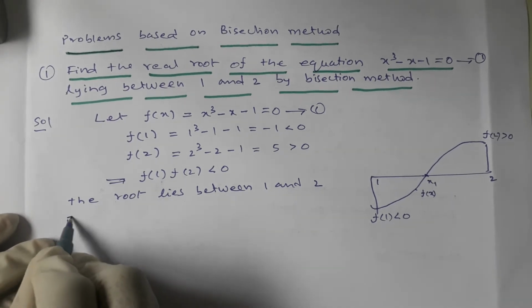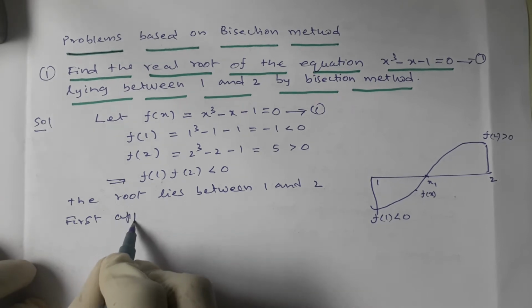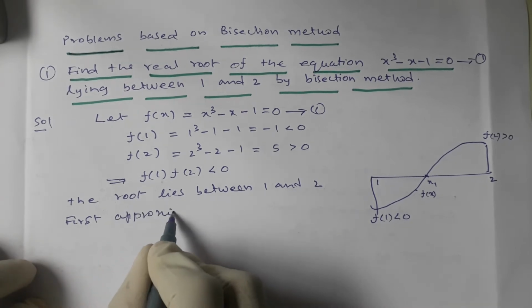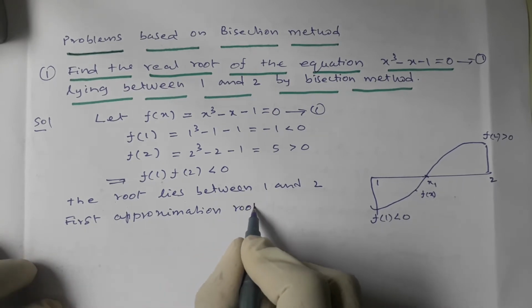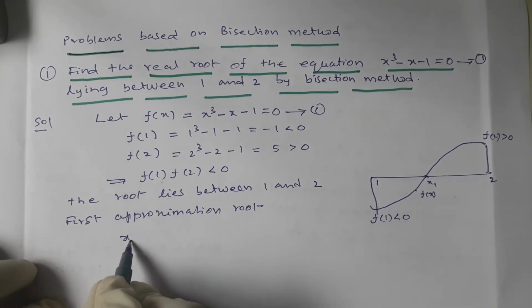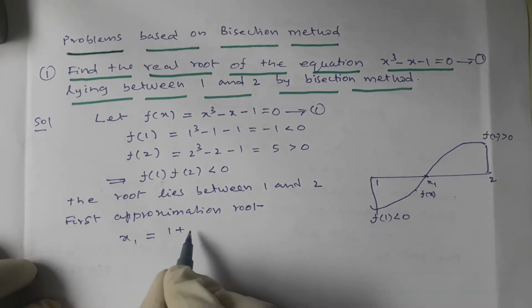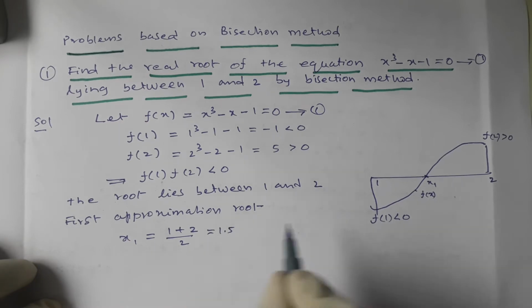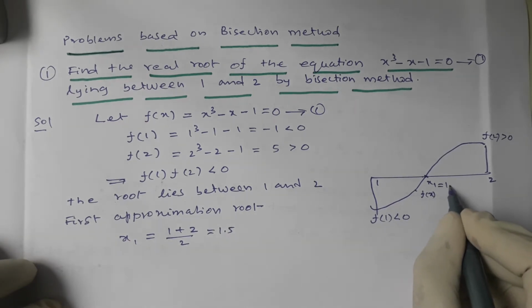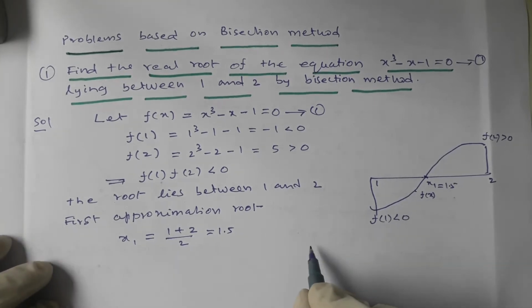So the first approximation root x1 is equal to the average of 1 and 2, that is 1 plus 2 divided by 2, which is equal to 1.5.